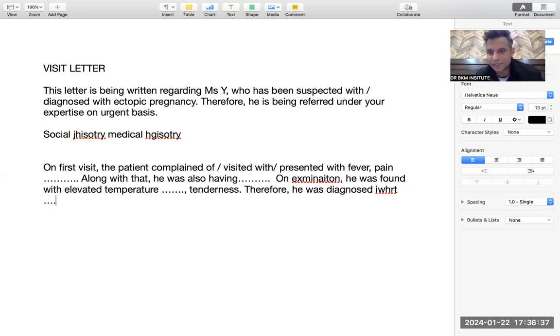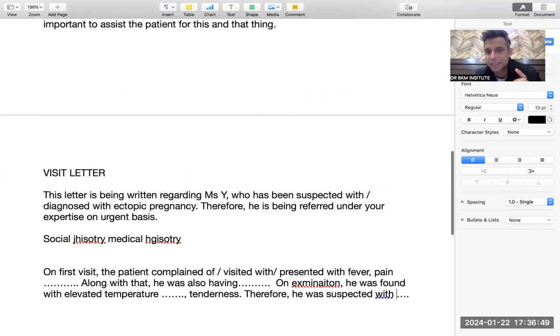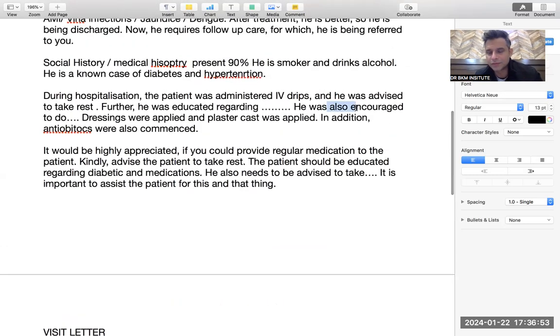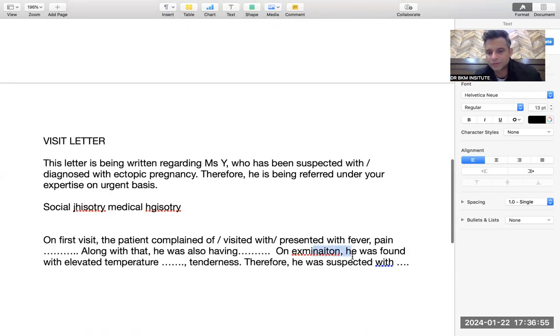So in the visit letter, you will say symptoms were this, signs were this, therefore he was suspected with. If a question mark is given, then you will say suspected with. Now again, the same grammar has come. Was, were plus third form. And only in the first paragraph, you will say has been, because you are telling about today.